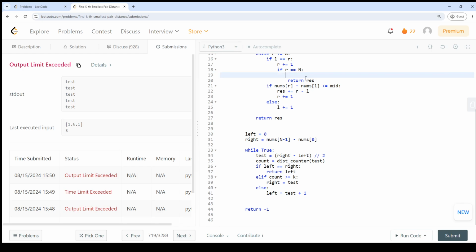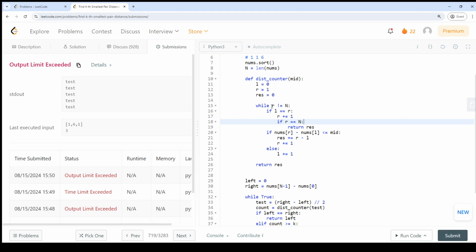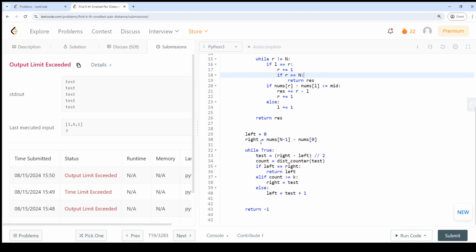Also, probably wasn't about this. I think we always test this condition. So we had 5 and 0. We tried 2. So count distance counter test of 2. If left is equal to right, and that's not correct, we return left.